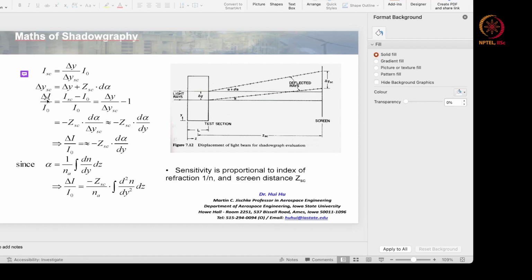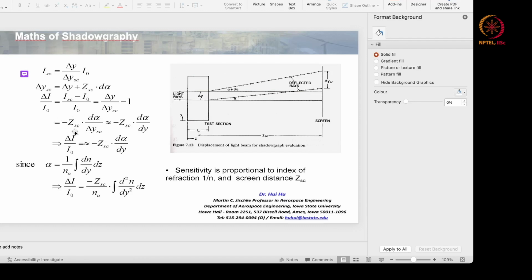Now, if you take delta I divided by I naught, what is delta I? Delta I is ISC minus I naught, divided by I naught, which turns out to be delta Y divided by delta Y's SC, minus 1. Now you do a little bit of substitution.